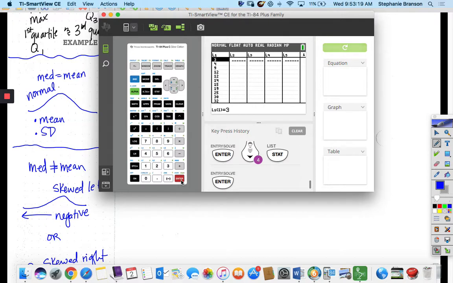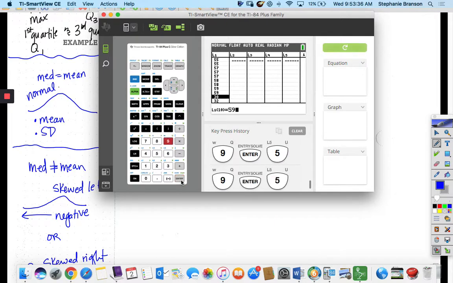I got 55, 55, 57, 58 twice, 59 3 times, 61, and 61. If you have any extra, just make sure you go through and clear it out.